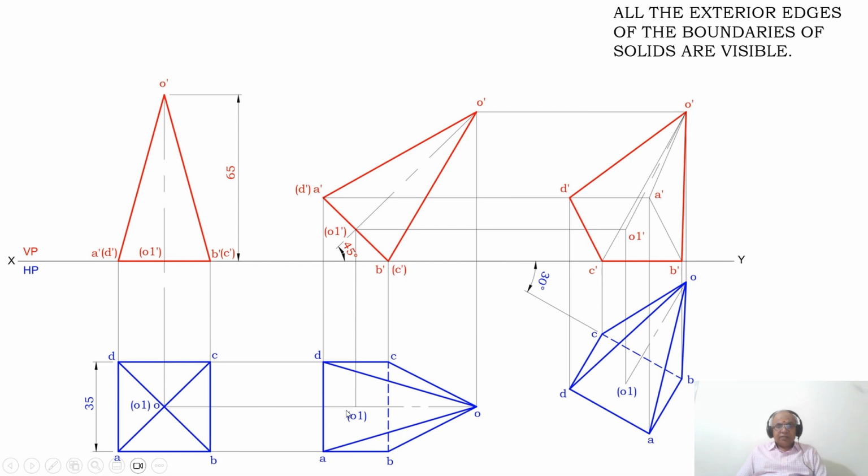Then through this point, since this line I want to represent is perpendicular to this invisible edge, similarly with reference to the BC line, with reference to this center, you measure an angle of 90 degrees in the counterclockwise direction and then mark a point. From that point, you draw a perpendicular to BC.